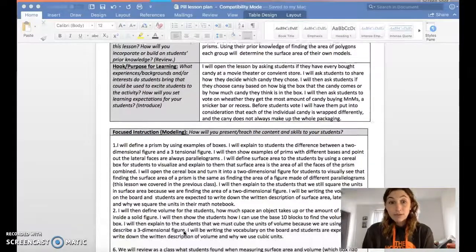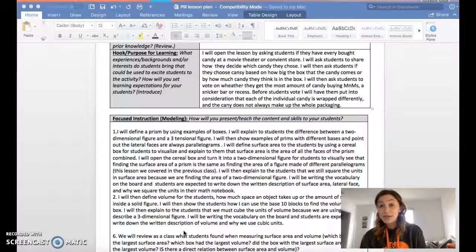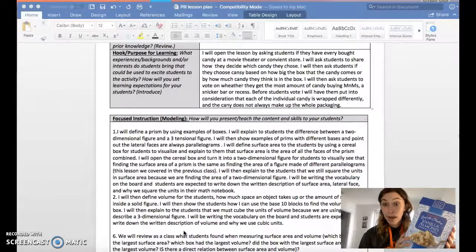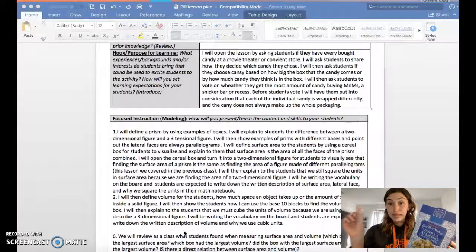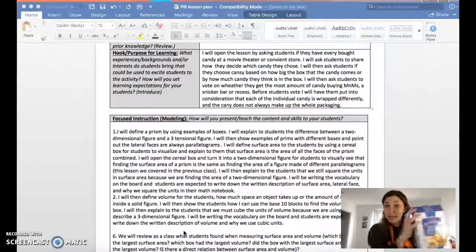Then in my focus instruction, I'm going to define surface area and volume to students and teach them about the different faces of a prism and introduce the 3-dimensional object without teaching them the formula, just getting them to understand what these terms mean. I'm going to show them using a typical cereal box and base 10 blocks how many I can put into the cereal box until it's full to represent the volume.